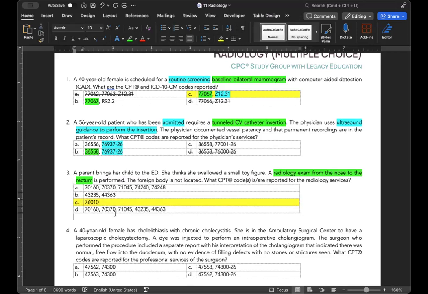Does that make sense? So again, make sure that you're looking at the fewest number of codes first to see if everything is included in that single code, or if it's only got certain components and then we need to report other components separately.